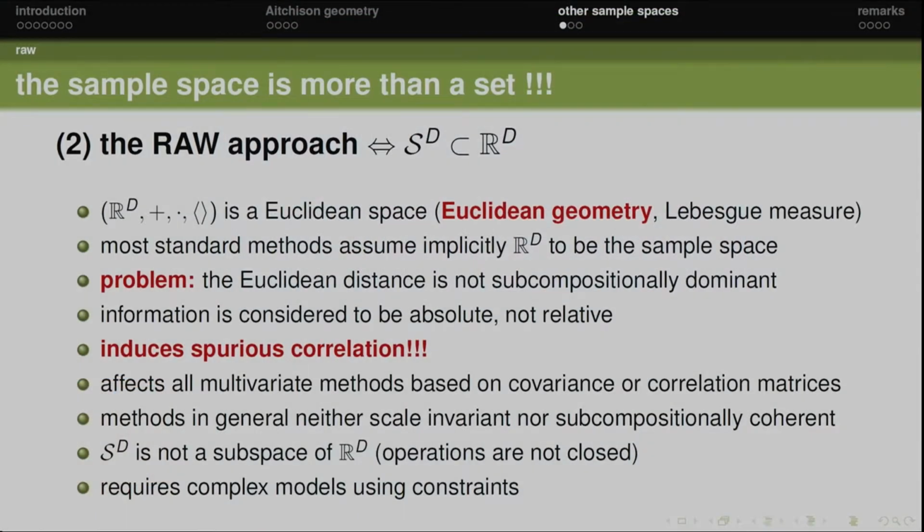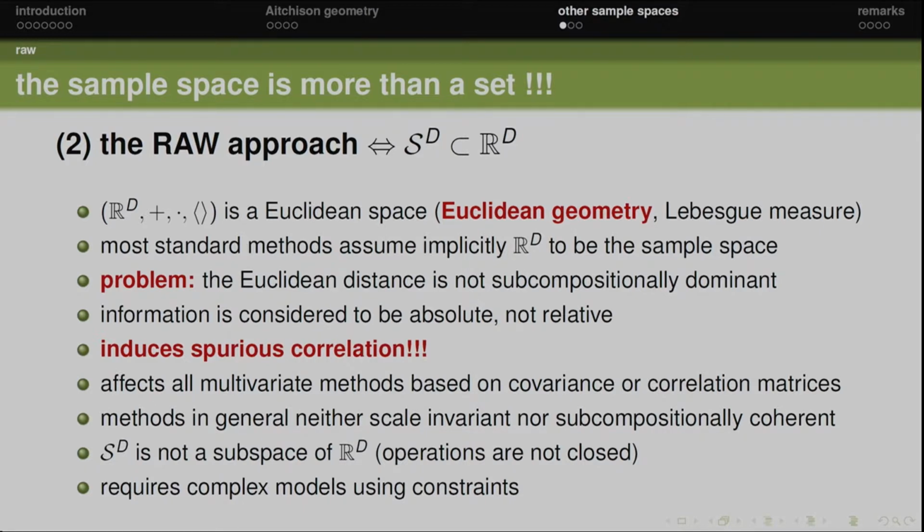So just a few comments about other sample spaces. This is the standard approach, the raw approach. We have obviously the Euclidean geometry and the Lebesgue measure in real space. The problem is Euclidean distance is not subcompositionally coherent, it is not dominant. Information is considered to be absolute, not relative.